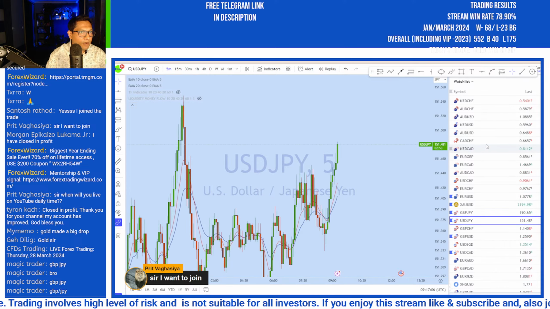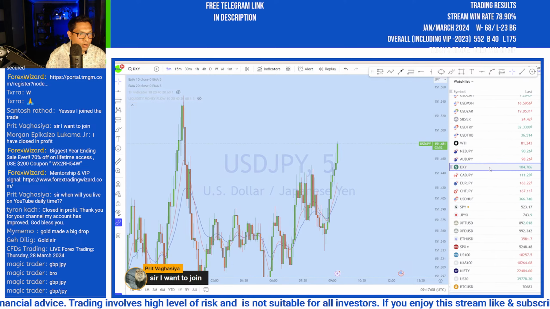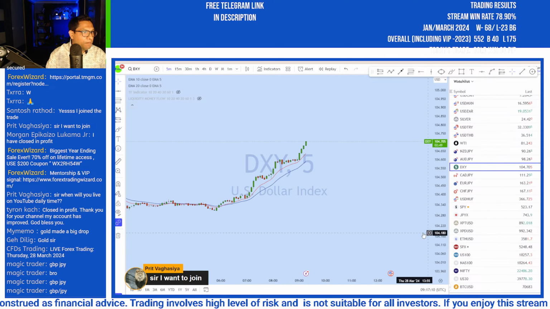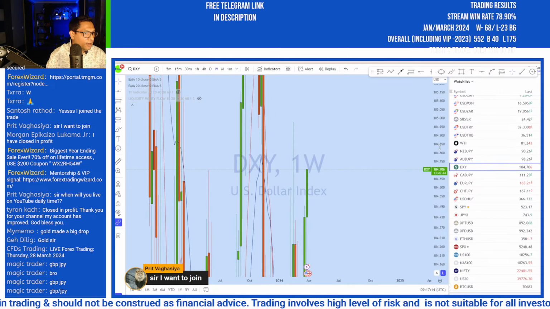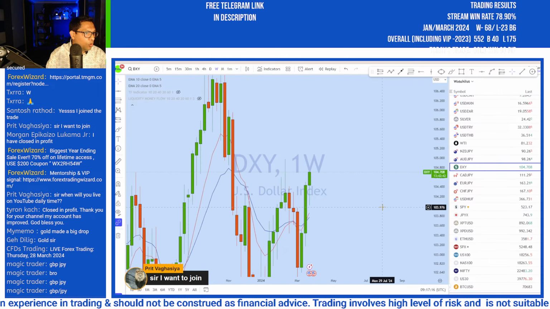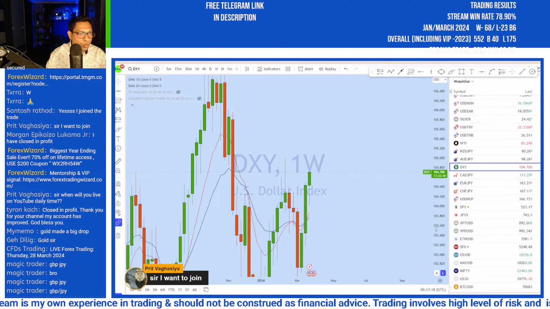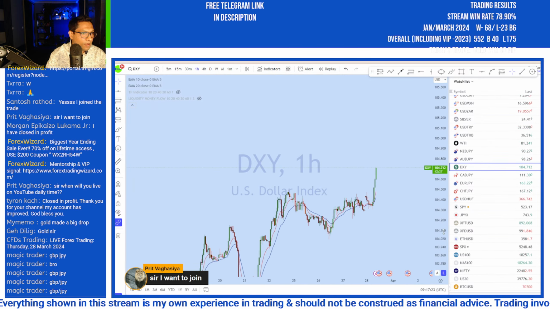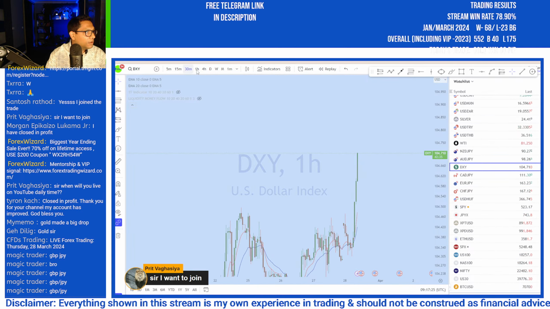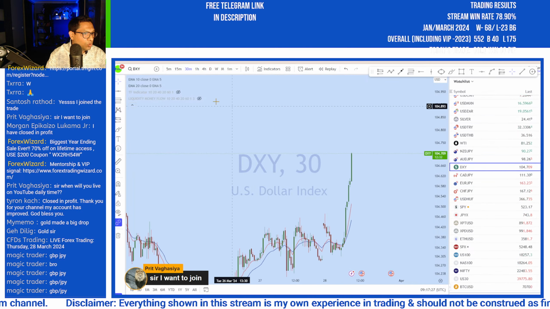We see strengthening on DXY, a big bounce on DXY. It's a big move on DXY. We need to see where DXY is heading today.